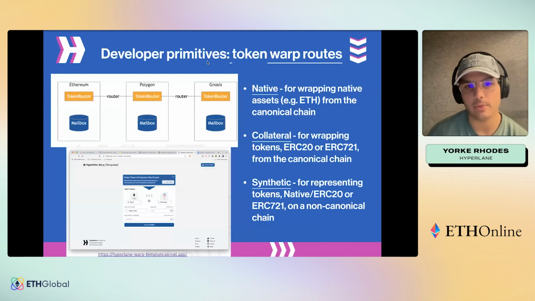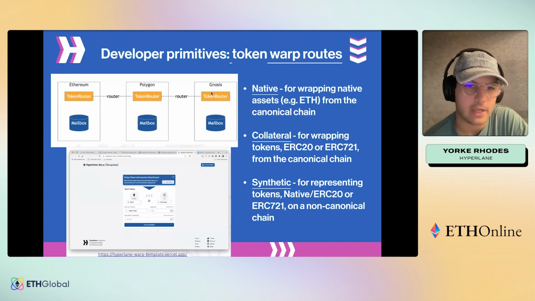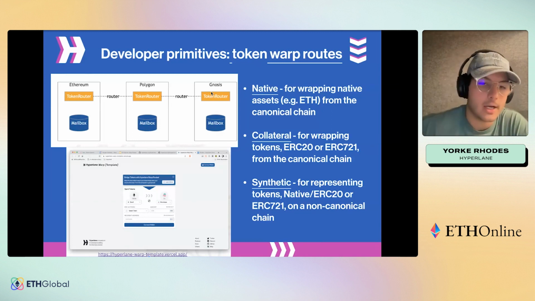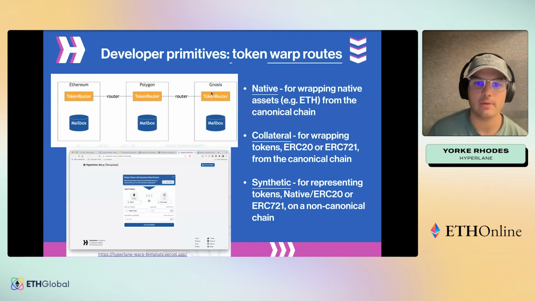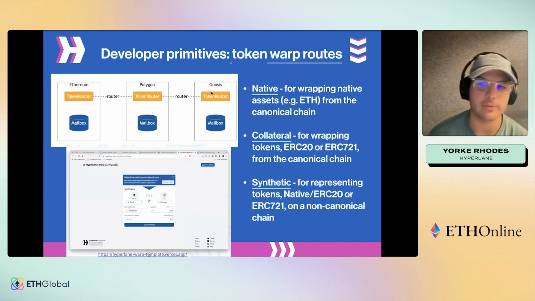Just as another call out, we have this concept of token warp routes, which is a smart contract template that will allow you to create a token which users can seamlessly move between chains without having to sign transactions on multiple chains.